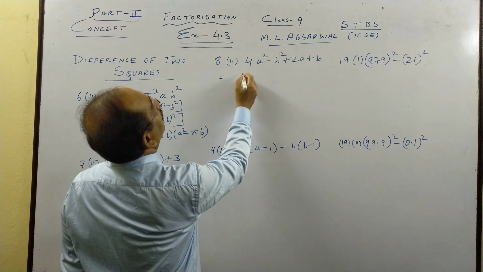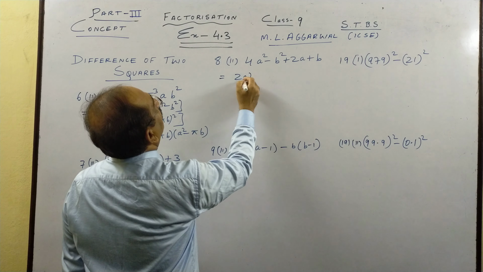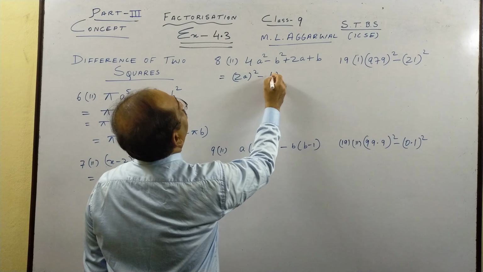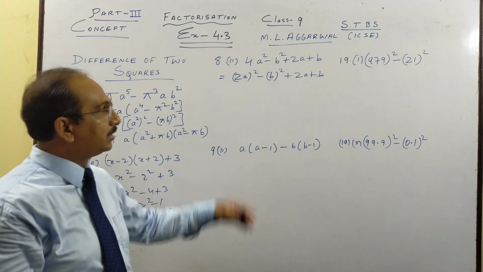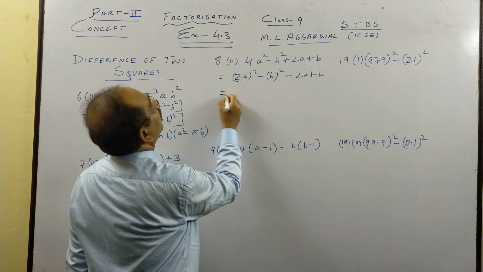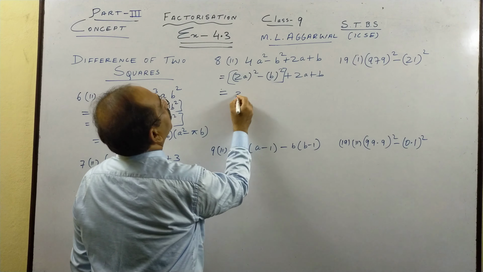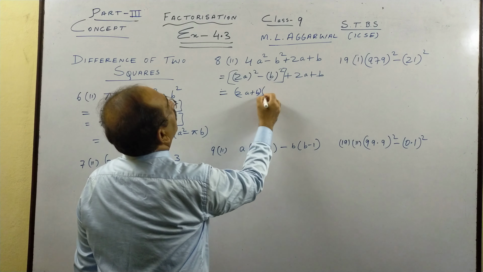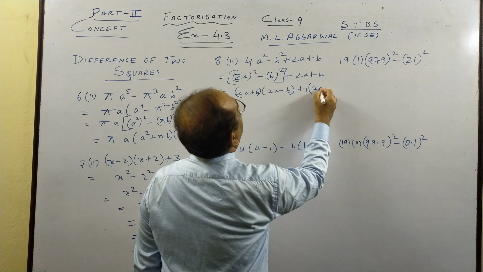Here what we do, children, this first term we do like this. So through practice and doing solved examples and unsolved, you will see. So this a square, I am putting it from my side like whole square. (2a plus b)(2a minus b). And here I can put 1, 2a plus b.